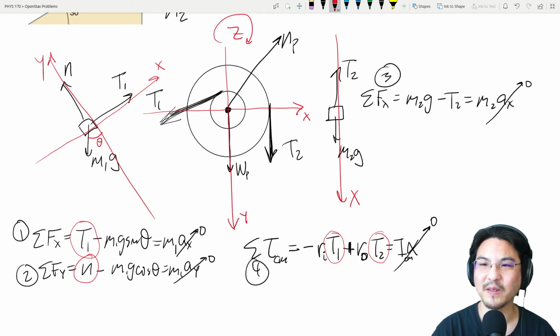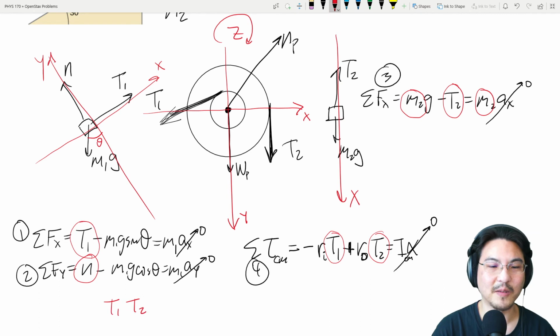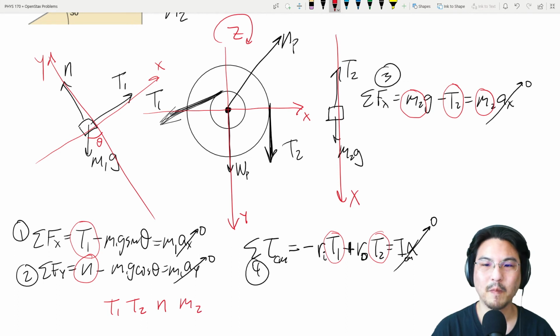And then this equation, we don't know the mass or this tension. Okay, so unknowns: T1, T2, the normal force, M2. Okay, so we got 4 unknowns. But we have 4 equations, which means we can solve all 4.